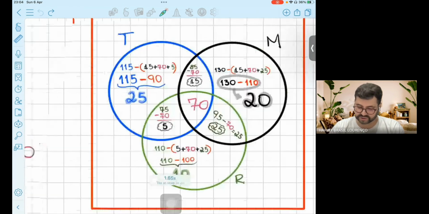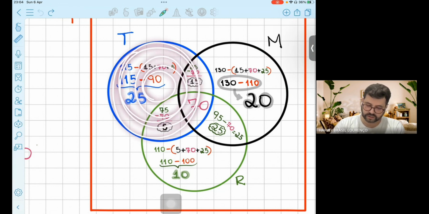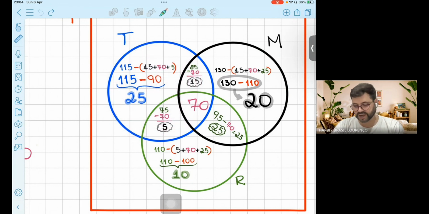But I already have in this area right here, 15 and 70, I already have 85. And here in this small area, 5. So 15 plus 70 plus 5 gives me 90. If the total number is 115 and I take 90 out, what I have left is 25.